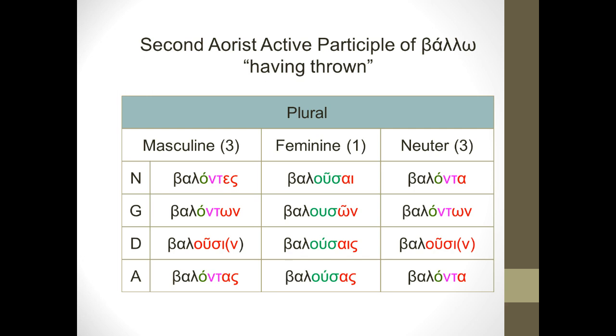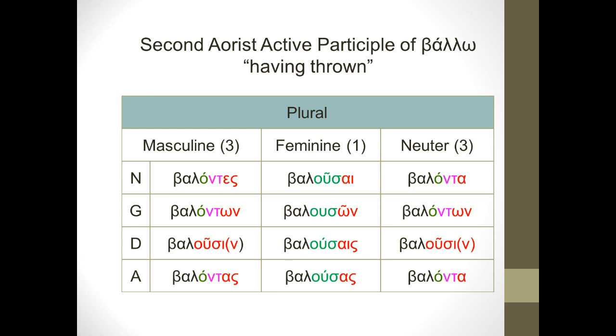One note of possible confusion that you will want to give attention to is the dative masculine and neuter plural participle. If you look at it there in the masculine and neuter, it is balousin or balousi. It could potentially look like a third person present ending from a present active indicative verb.